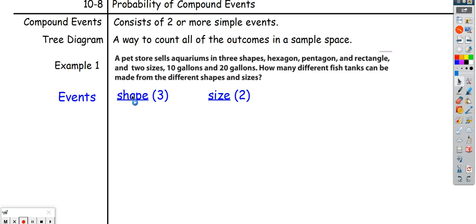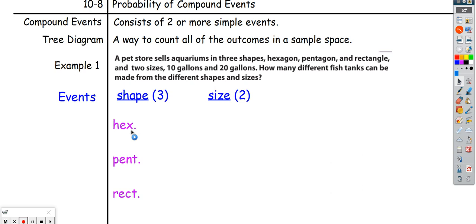So under shape, in preparation for my tree diagram, I'm going to list the 3 different options for shape that I have. And because we're making a tree diagram, I've got some good space between my event and each of the choices underneath. So space this out pretty good because a tree diagram takes some space.